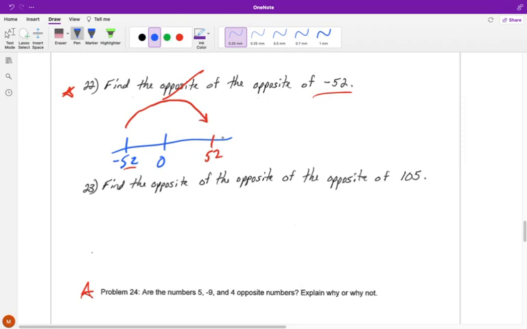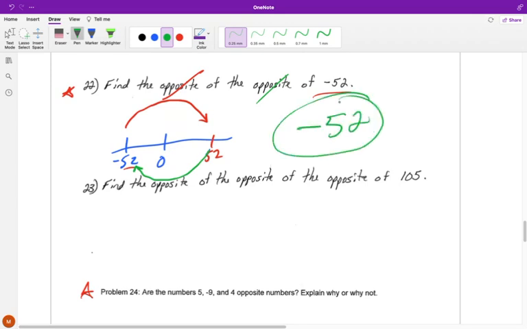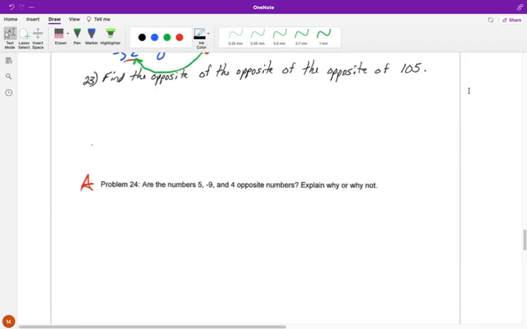However, there's still another opposite for me to do, so when I do this opposite again, of now 52, I know it's bringing me back to that negative 52, so the opposite of negative 52 is negative 52. All right, and remember, we could rewrite the word opposite as negative, and we know that two negatives offset each other, so these two are going to cancel each other out, and I'm just left with my negative 52 anyway.